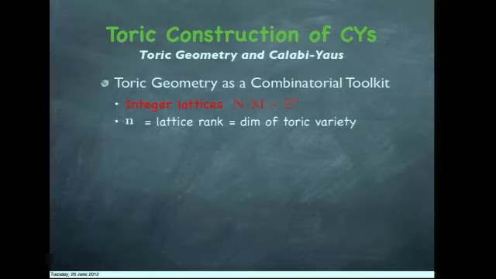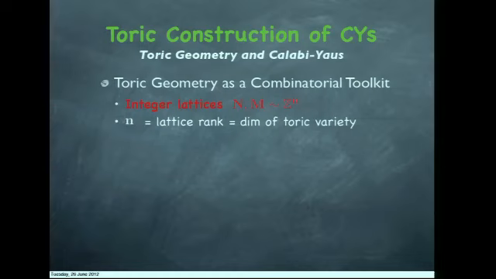I'll start with the Calabi-Yau side of the story. For this, we make extensive use of toric geometry, which can be thought of as a combinatorial toolkit for a certain type of algebraic varieties called toric varieties. It is combinatorial in that the required data lives in some integer lattices.